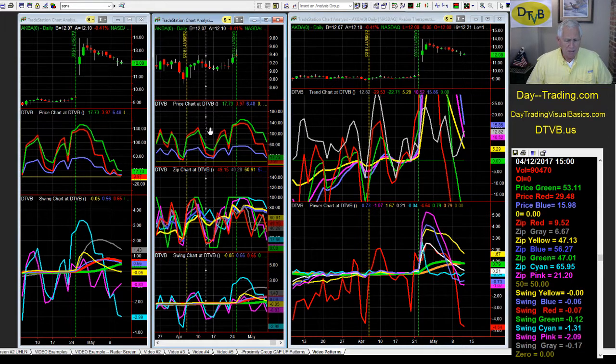But the biggest thing you want to see is the difference between the right leg W on the left, which has zip green at 0, whereas the right leg W on the right has zip green at 100.